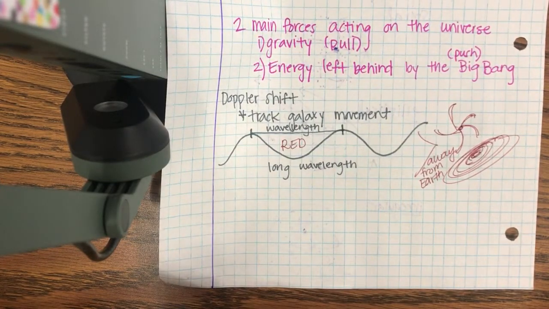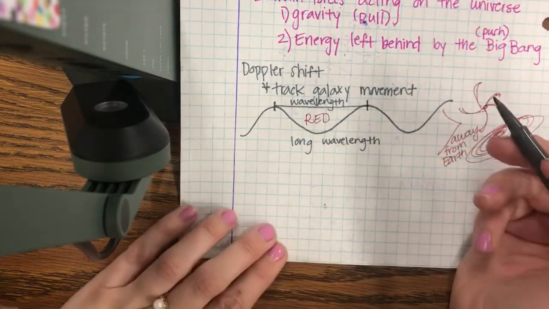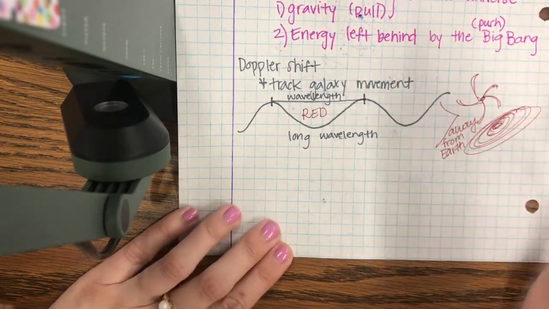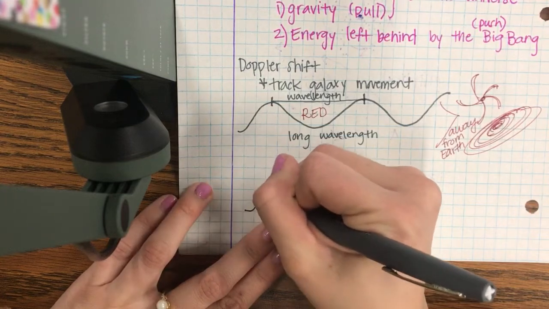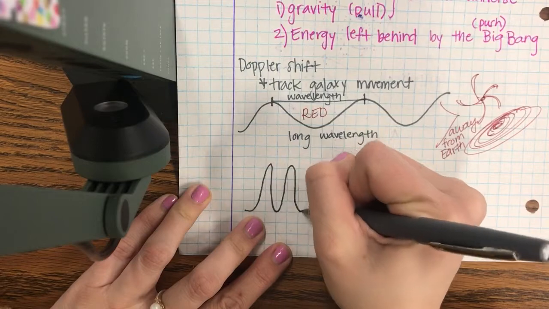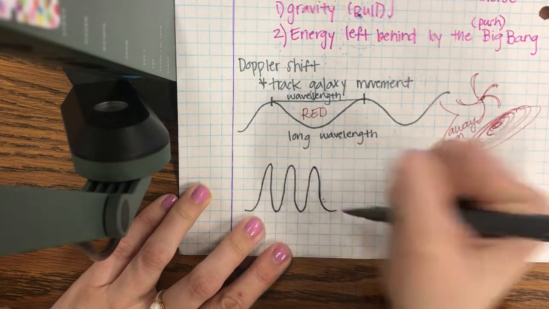But if the wavelengths are super short and appear blue to us, that means they are moving toward the Earth. So toward our galaxy.